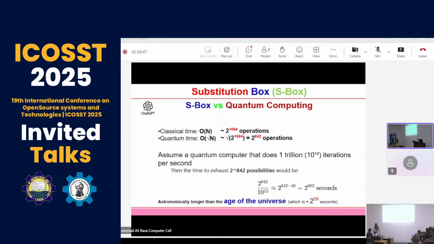So 2 raised to power 842 minus 40 will be 2 raised to power 802 seconds. It will be trillions of trillions of centuries. And what is the age of the universe? So an S box will not be broken by quantum computers.